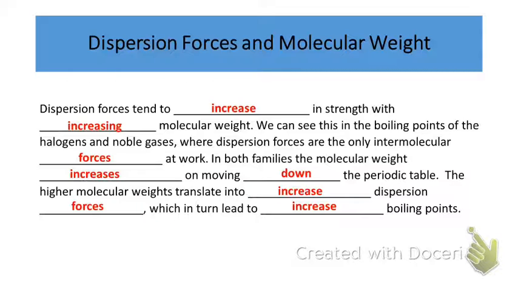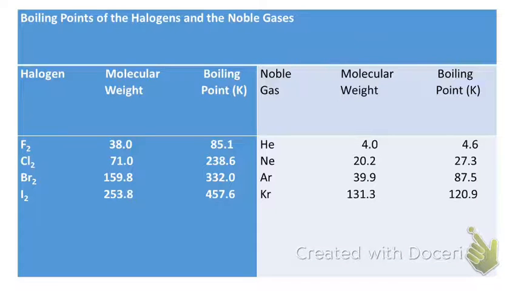In both families, the molecular weight increases on moving down the periodic table, and the higher molecular weight translates into increased dispersion forces, which in turn leads to increased boiling points. I do want to comment that the molecules we just looked at, the halogens and the noble gases, are nonpolar molecules. So dispersion forces is all they're going to have.